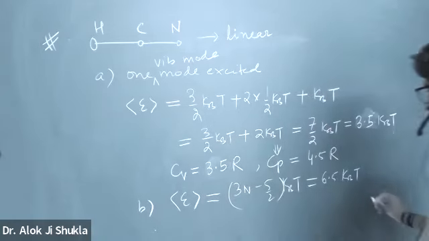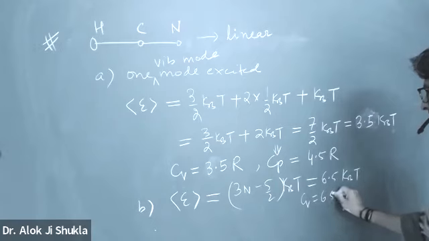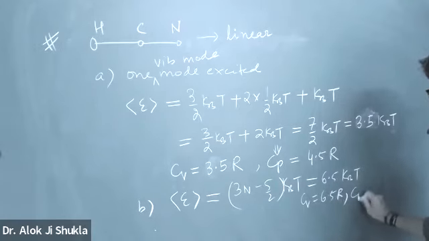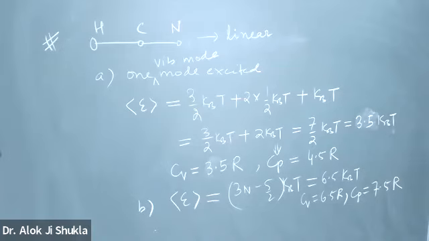So CV is 6.5 R and CP is 7.5 R. Correct?